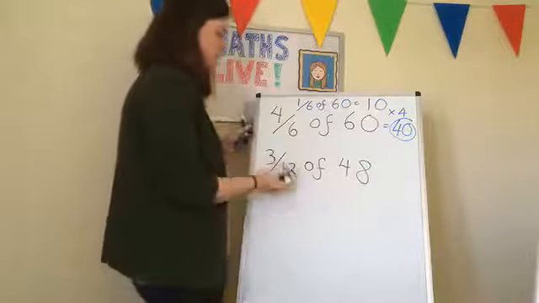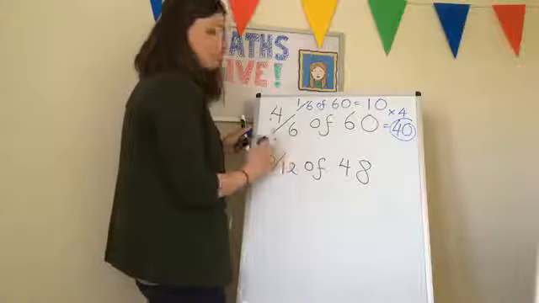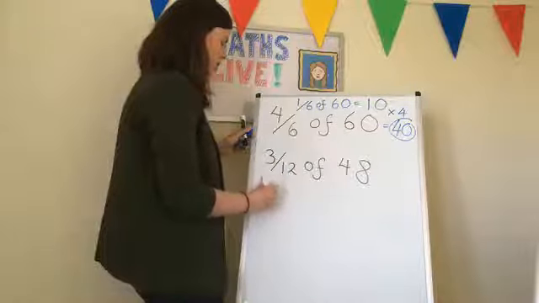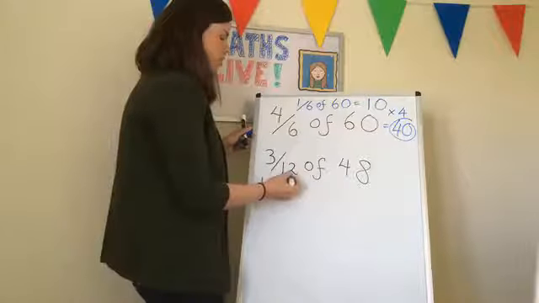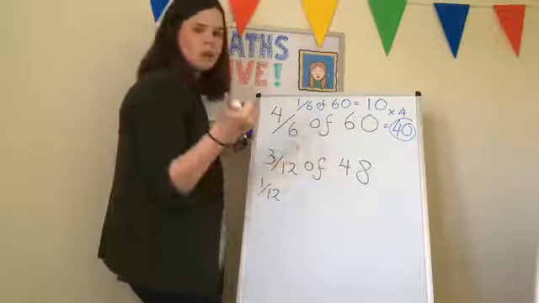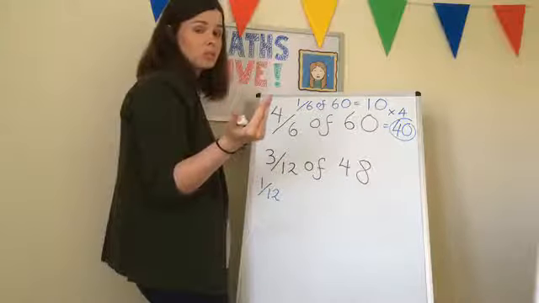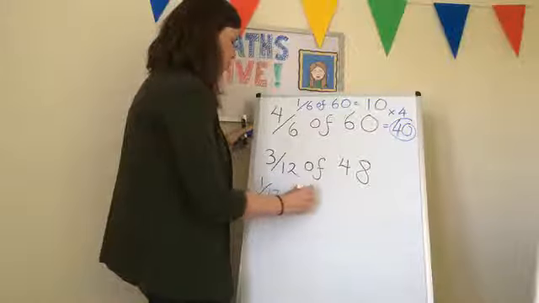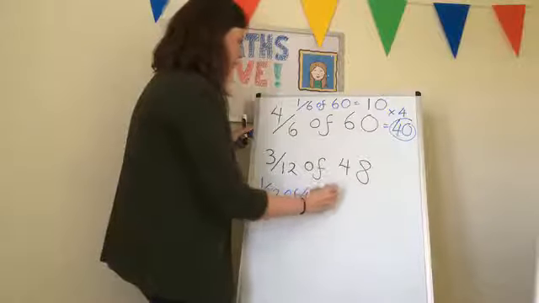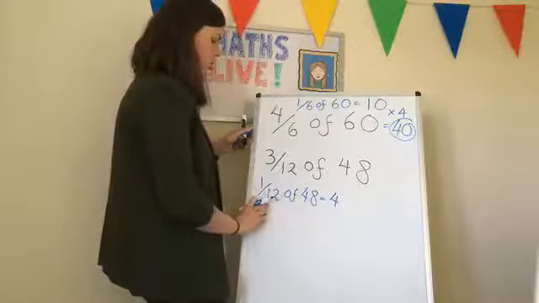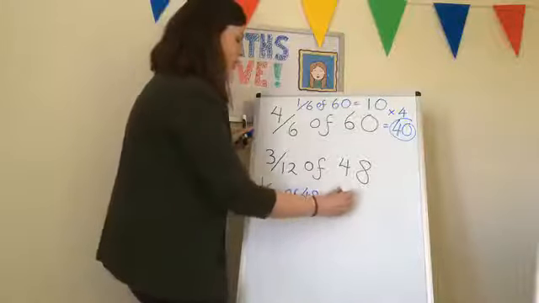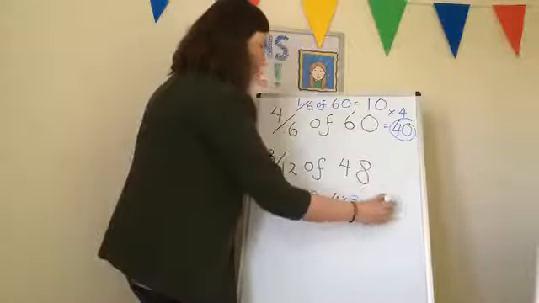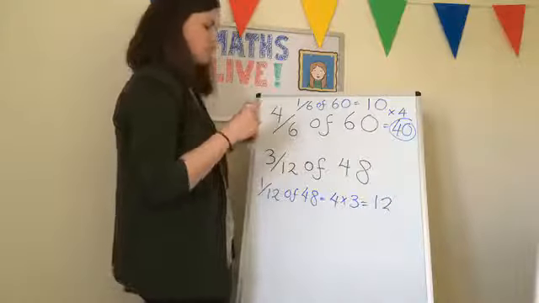And then for this one, we pretend it's not 3/12, we look for 1/12. So we think how many 12s are in 48? So 1 12 is 12, 2 12s are 24, 3 12s are 36, 4 12s are 48. So 1/12 of 48 is 4, but we don't want 1/12, we want 3/12. So we times our answer by 3. Funny enough, 3/12 of 48 is 12.